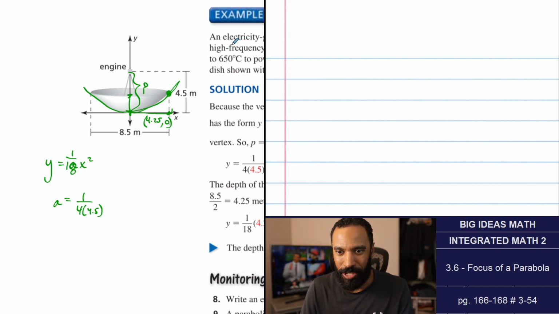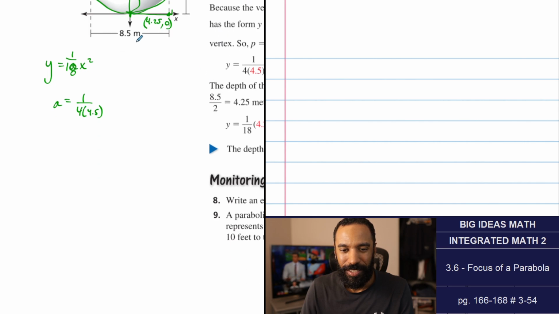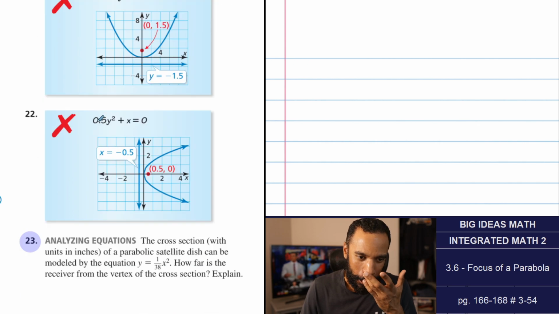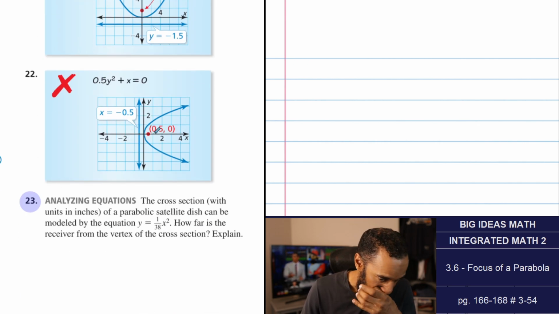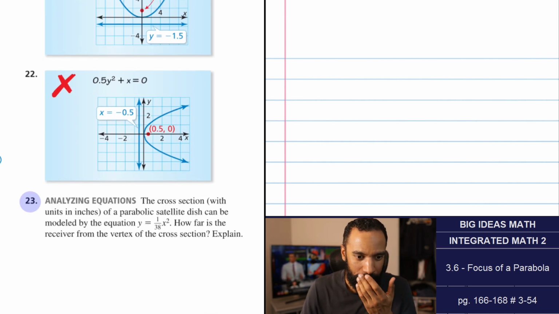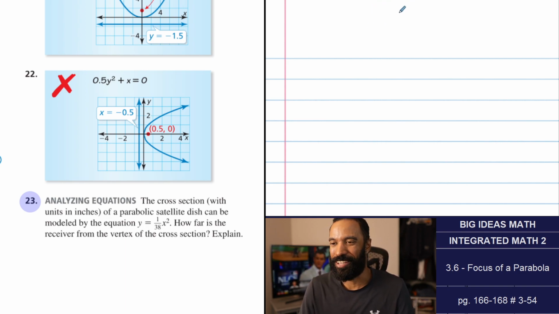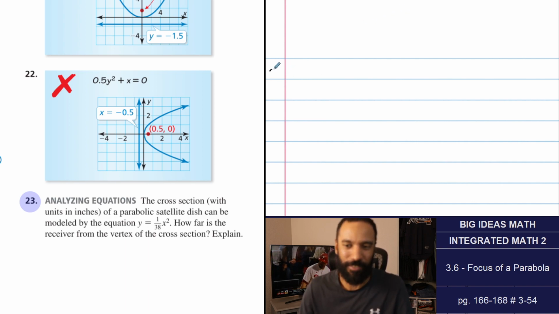They don't really mention on these problems. Let's go back. The cross-section of a parabolic satellite can be modeled by the thing. How far is the receiver from the vertex? I don't know what a receiver on a satellite dish is. Okay, I'm just going to assume it's the focus.